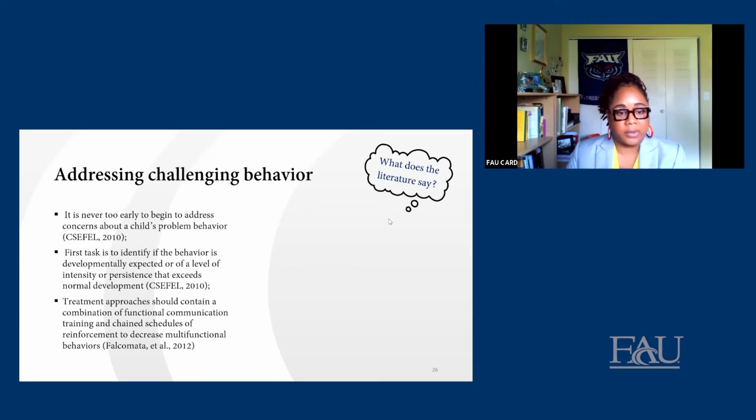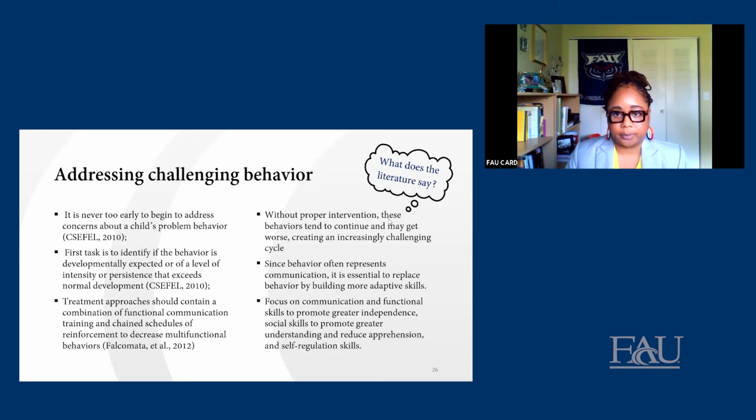And then reinforcement, as I said a couple of slides back, is the way to promote pro-social behaviors in children rather than just focusing on getting rid of challenging behaviors. We know that without proper intervention, these behaviors continue and may get worse. So we want to address them early and often so that they don't become more problematic.